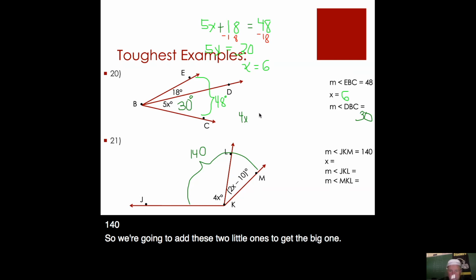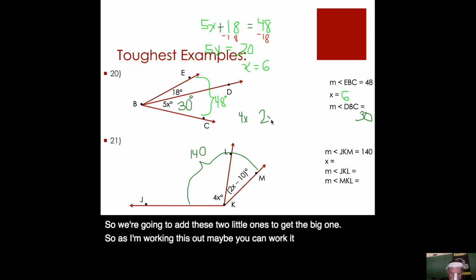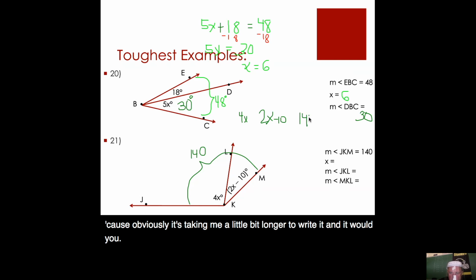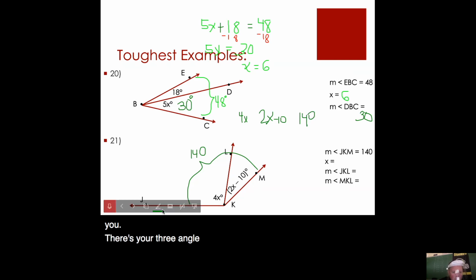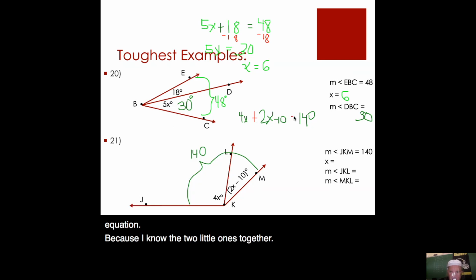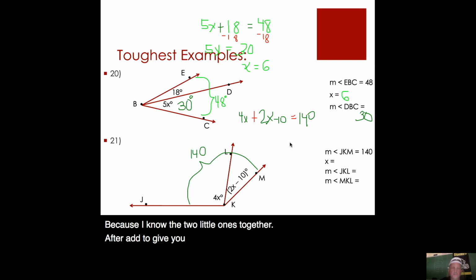As I'm working this out, maybe you can work it out on your own, because obviously it's taking me a little bit longer to write it than it would you. There's your three angle measures. I'm going to turn them into an equation because I know the two little ones together have to add to give you 140.